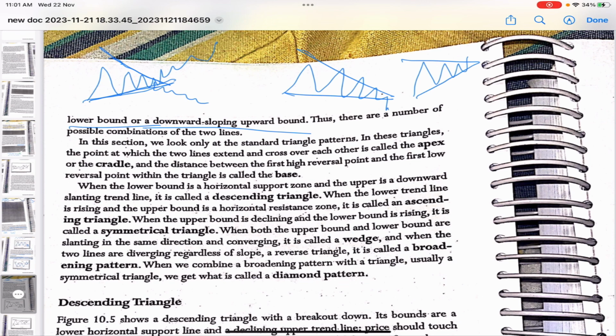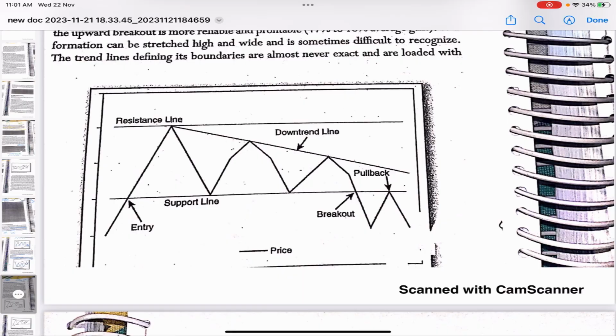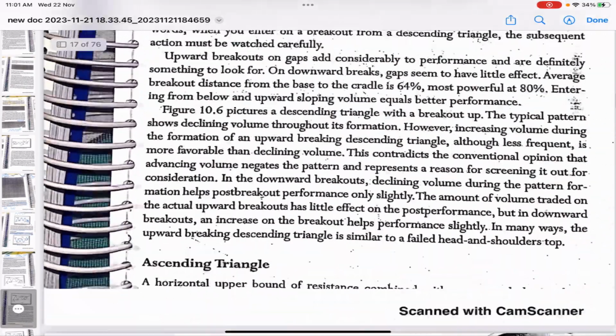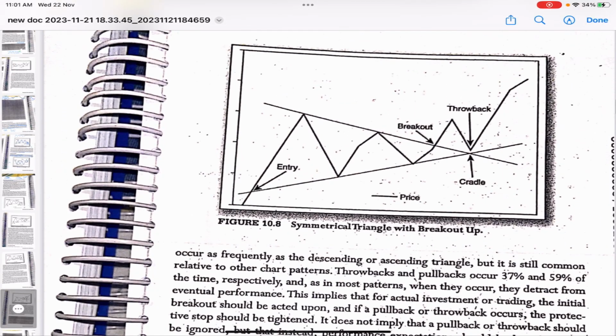In these triangles, the point at which two lines extend and cross over each other is called the apex or the cradle, and the distance between the first high reversal point and the first low reversal point is known as the base. Let us talk about what they are saying. Have they given any image of that? Right. Okay.